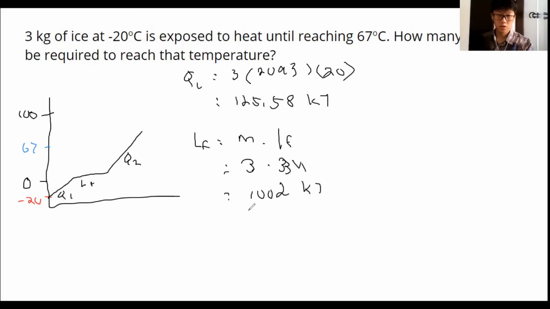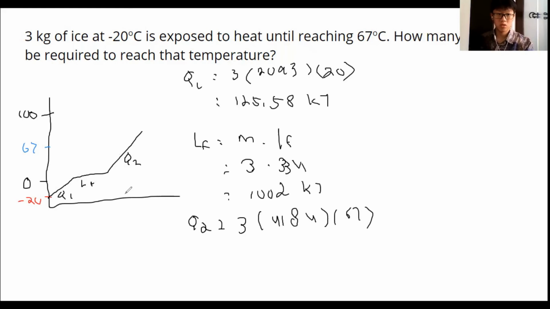And for the last part, we have to find Q2. So here, why is it 4,184? Why not use the heat capacity of ice, which is 2,093? For this, we use the heat capacity of water, since ice has melted into water. At Q1, it is still in the form of ice, so we use the heat capacity of ice.